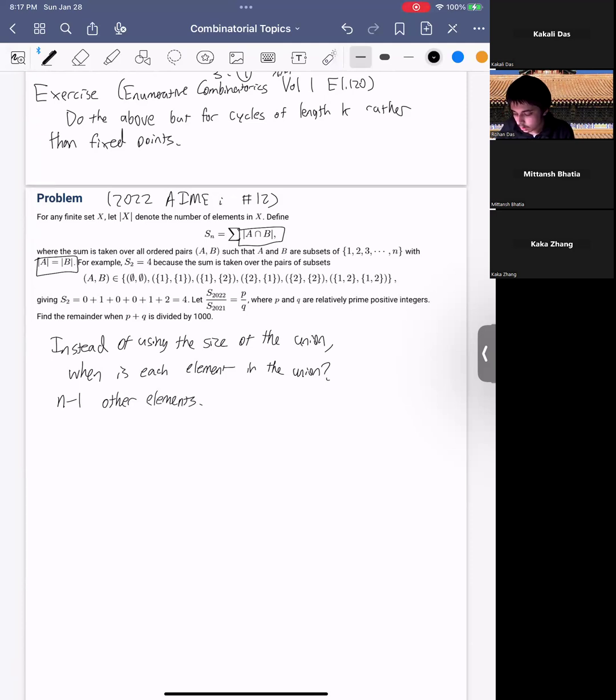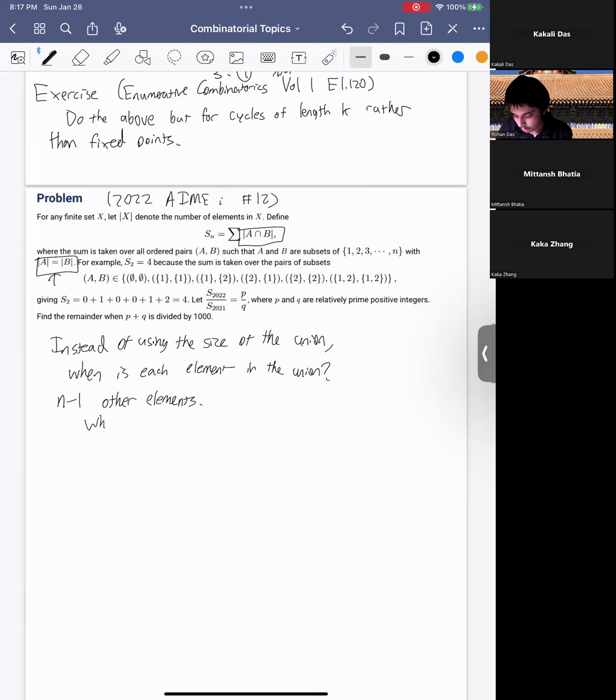And one is in the union of these two subsets only if it's in both of them. And other than that, the two subsets have some amount of these n minus one other elements. They also have to have the same size as specified in the problem.